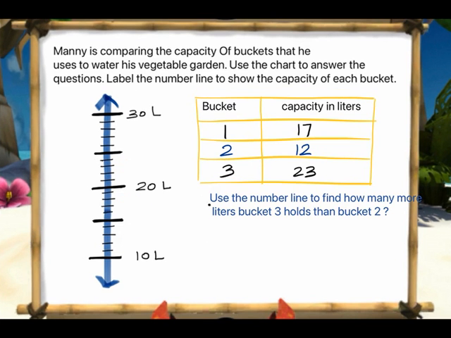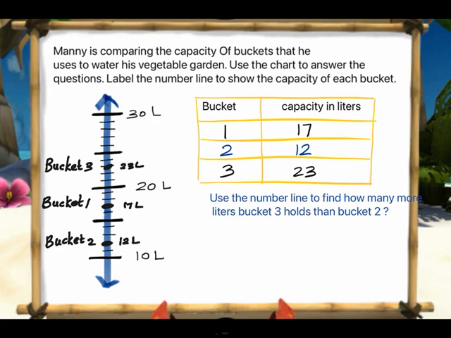Next question is, use the number line to find how many more liters bucket 3 holds than bucket 2. That means you have to find the difference of the values of bucket 3 and bucket 2 so that we can get the answer.